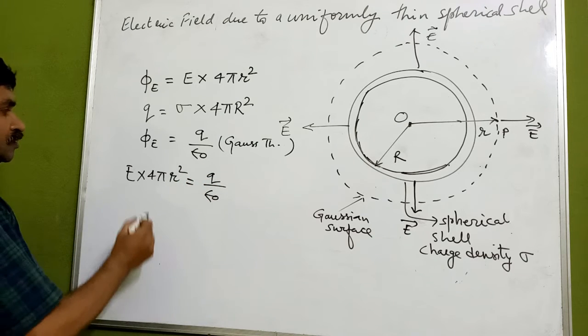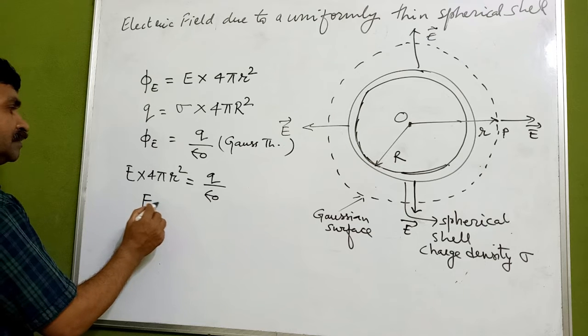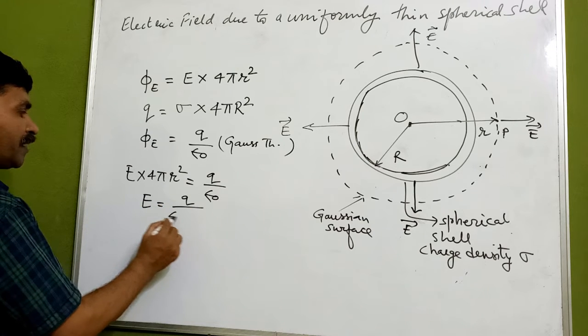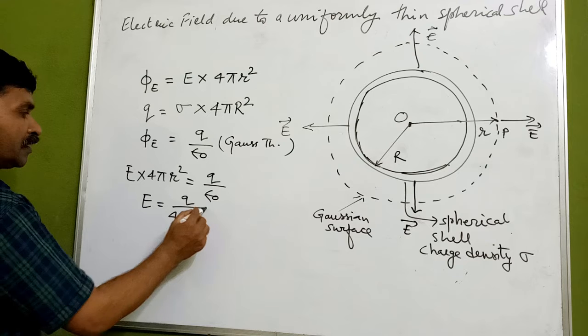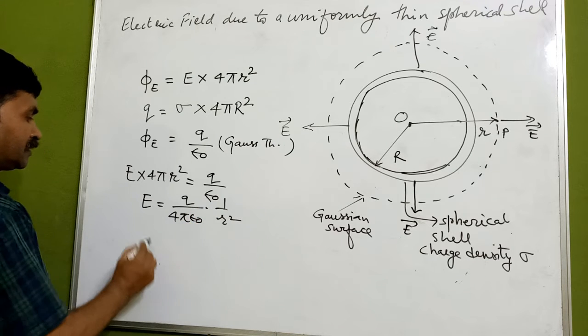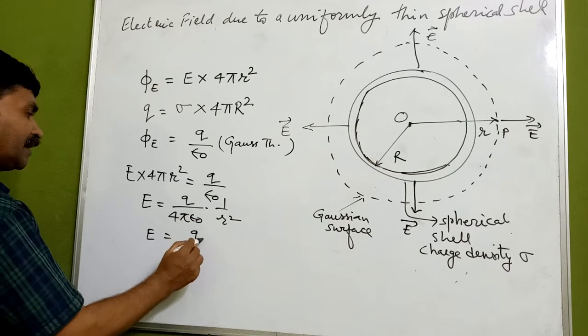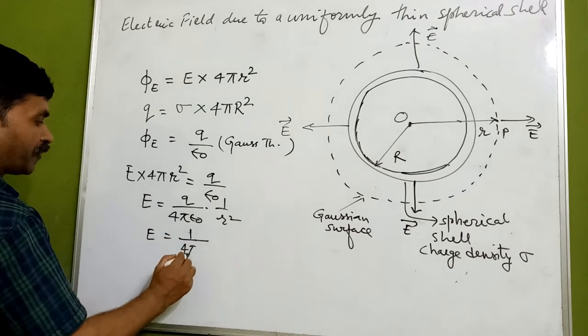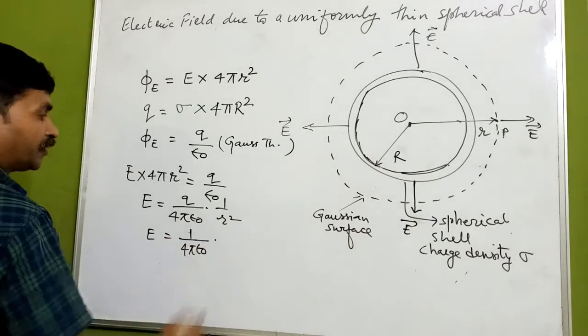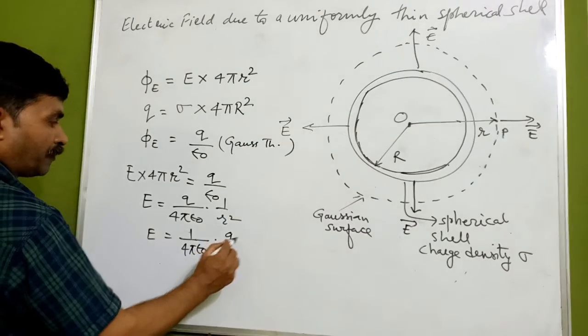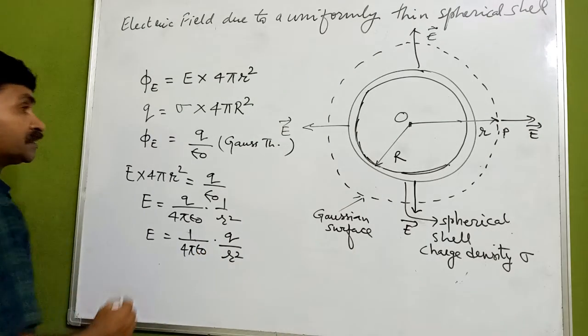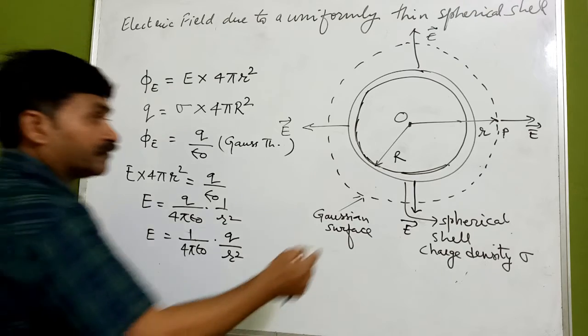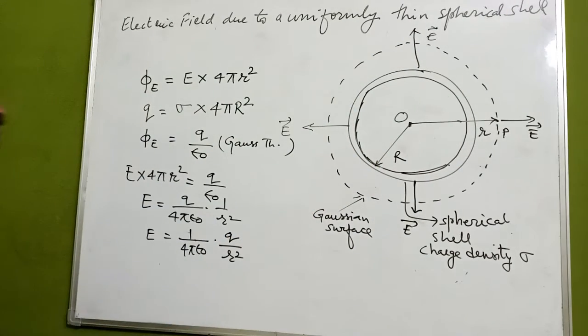So E equals Q upon 4 pi epsilon naught into 1 upon r square. The electric field we get here is 1 upon 4 pi epsilon naught into Q upon r square.